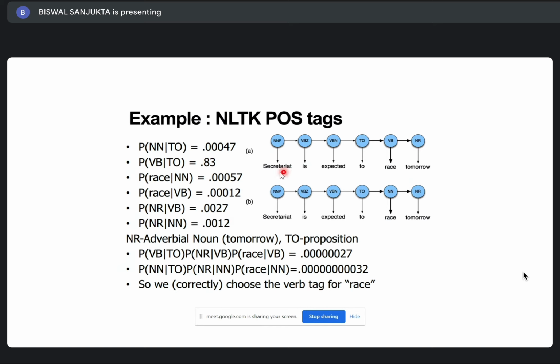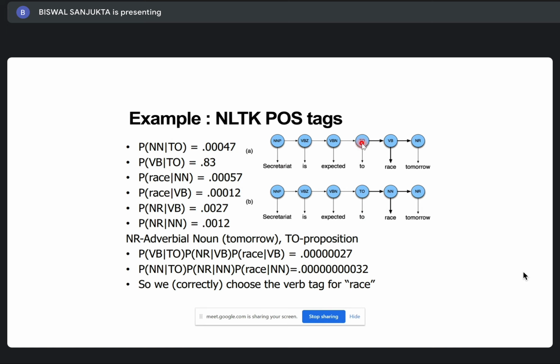If you see, they didn't give the data set. They directly said the probability of noun given "to" is this. They have given this transition probability, noun given to, then they have also given verb given to.